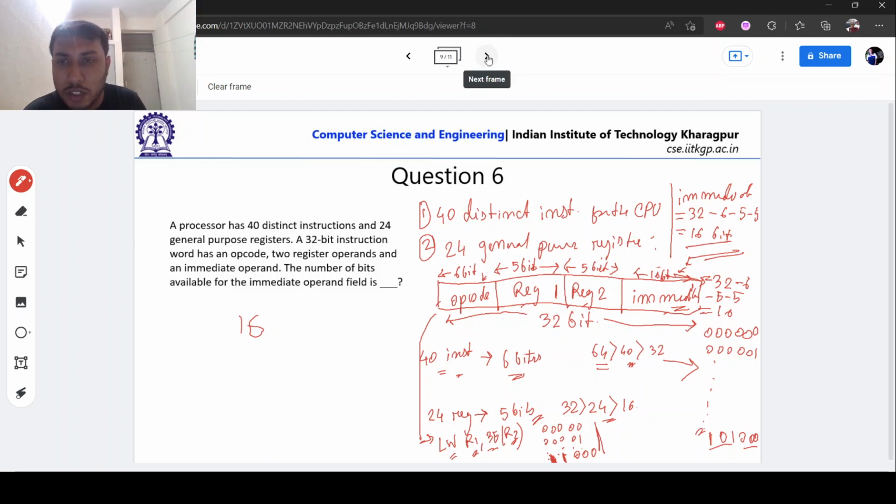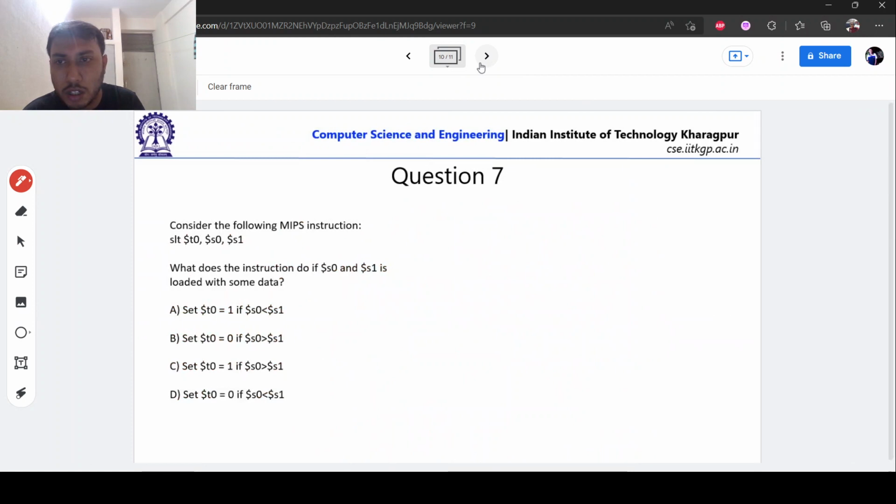Okay, now let's go to the next problem. Consider the following MIPS instruction: SLT T0, S0, S1. So what does the instruction do if S0 and S1 are loaded with some data?